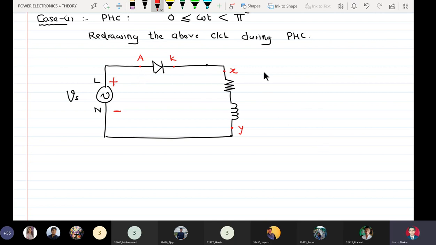Okay, so now very naturally the source current Is will leave the positive or the L terminal, as Ia and IL, right?